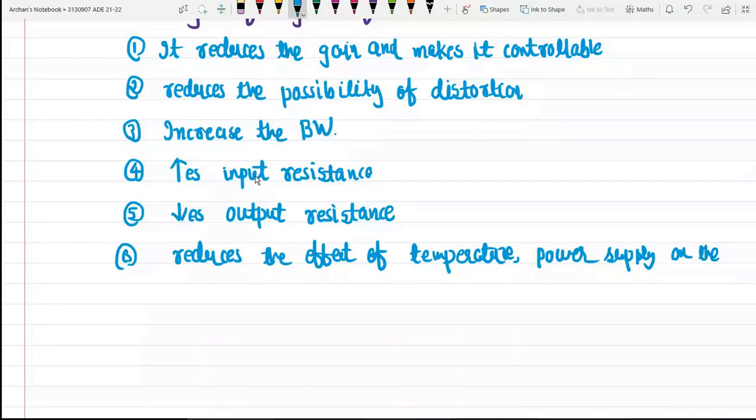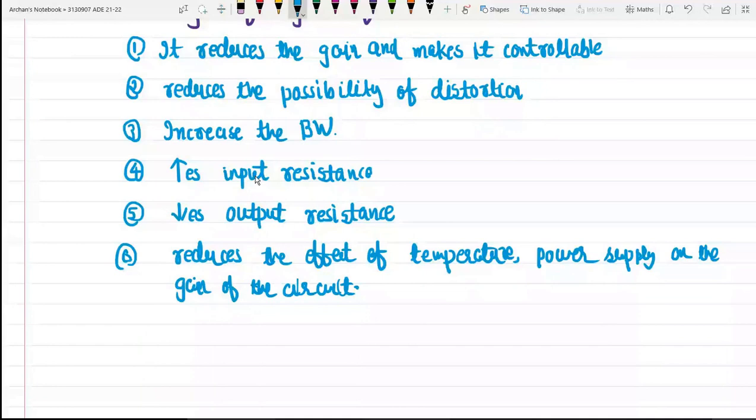So these are the typical advantages of negative feedback. Countless simple circuits using one or more operational amplifiers can be designed with the help of this negative feedback.